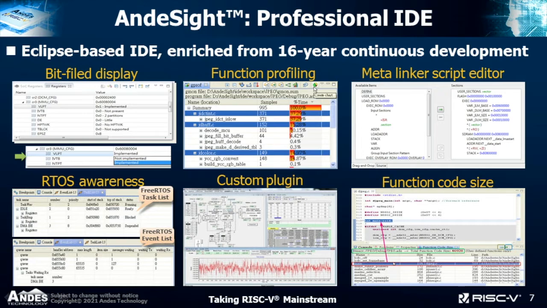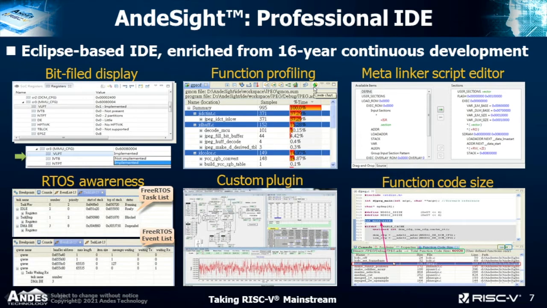RTOS awareness is along with each RTOS supported in AndeSoft DSP. It indicates the status of each task, which is running, suspending, or idle. It also indicates the status of inter-task communication. For example, is there any waiting message in the queue or not?